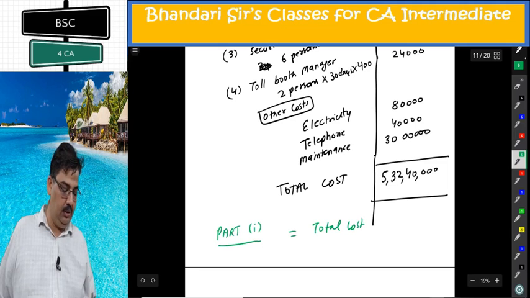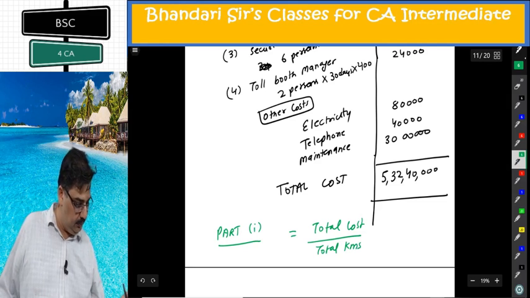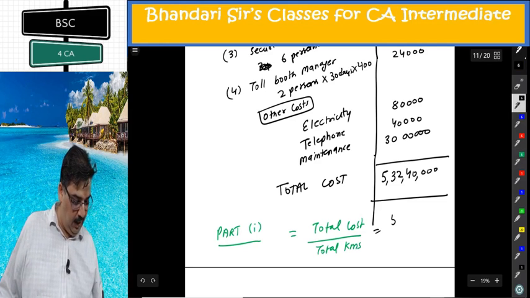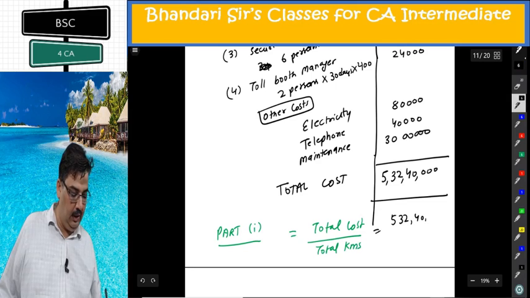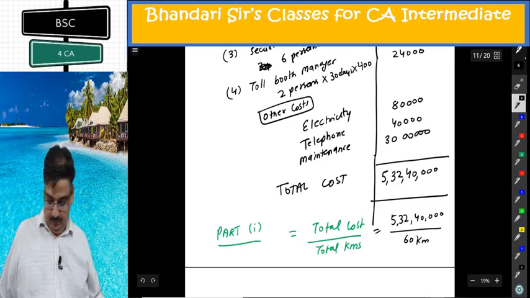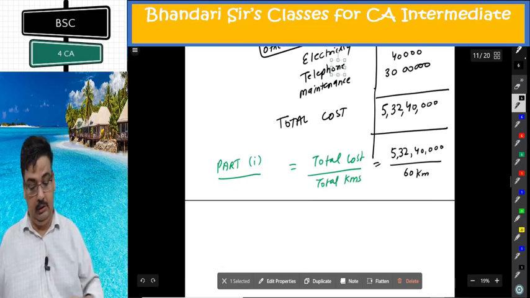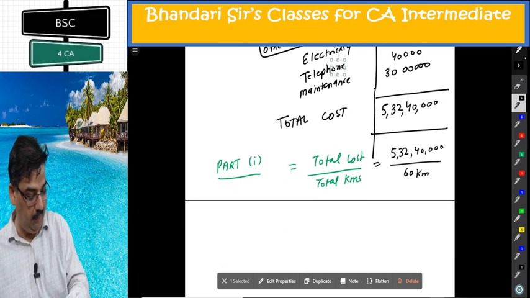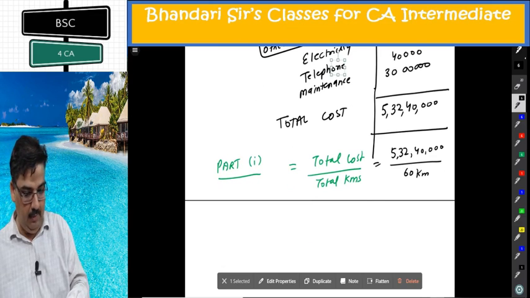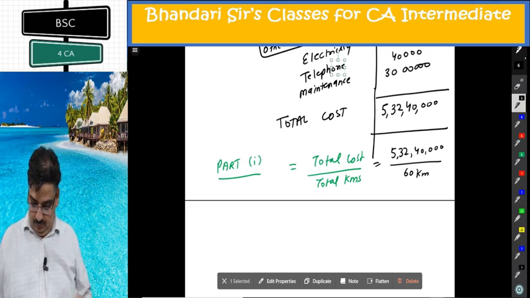Total cost divided by total kilometers. This is 5 crore 32 lakh 40,000 divided by 60 kilometers. So it's a huge cost.